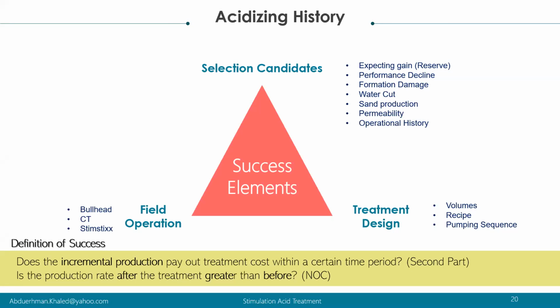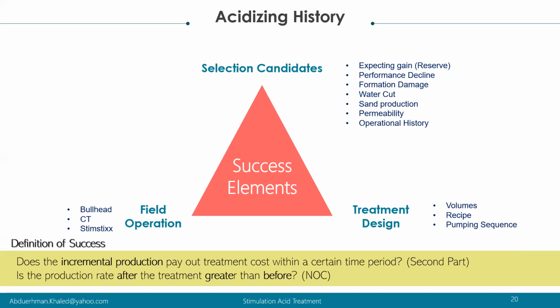This is a commercial thing more than anything else. They compare the increment of oil or hydrocarbon that is being produced, and whether it equals or is better than the cost that was already paid for this job. So this is the first criterion.